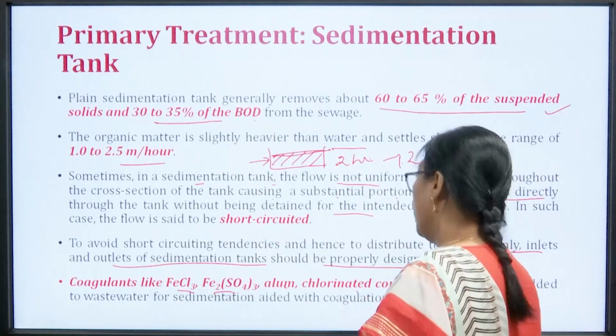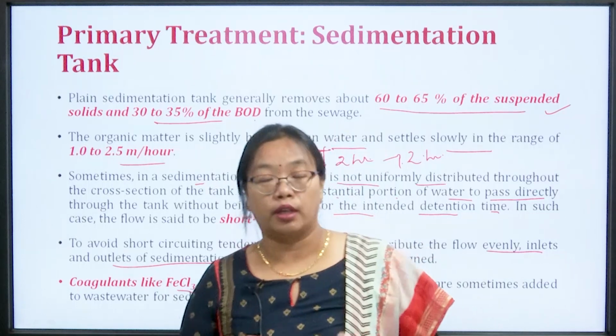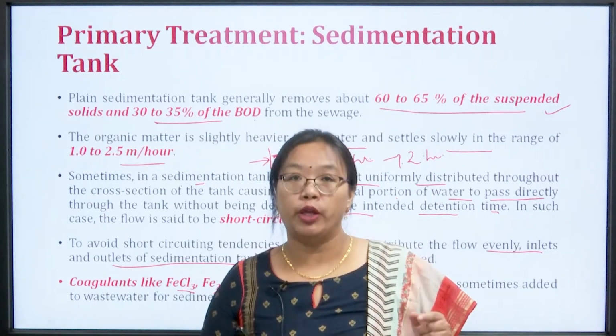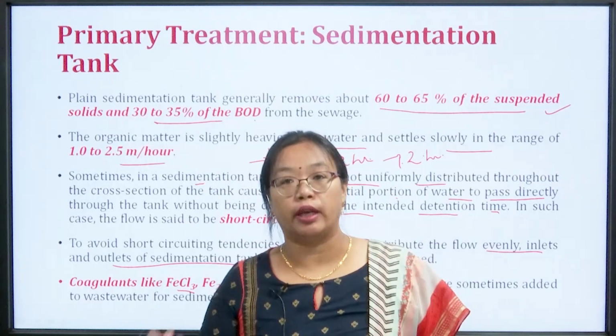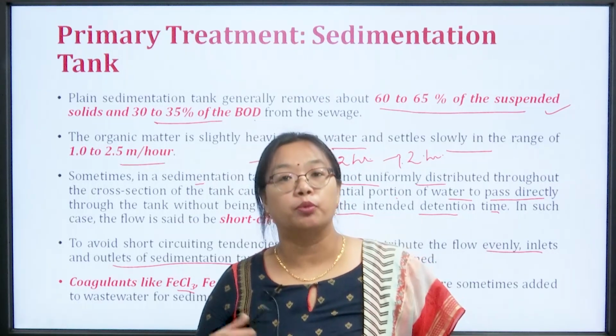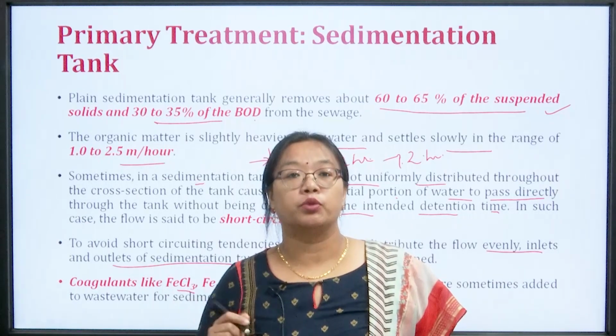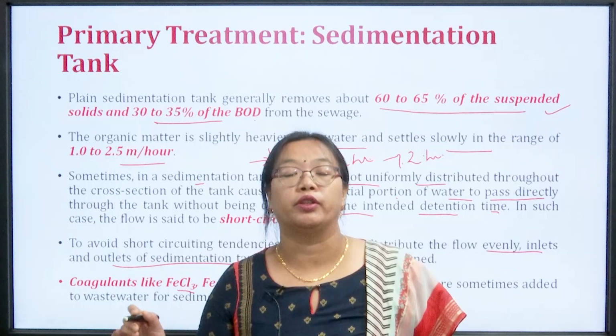Okay? Why? Because your wastewater after going through primary treatment is going to go through secondary treatment. Secondary treatment is mostly biological. So, if you add these chemicals, they are going to hamper your secondary treatment system.